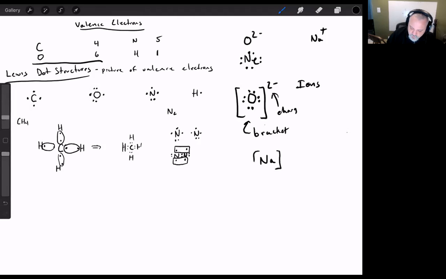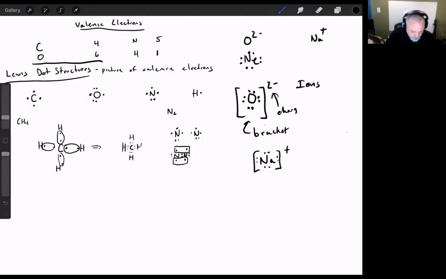So we can represent it like this. Now, what happens to it? When it becomes charged, it loses 1 electron. So sodium is isoelectronic with neon. So it now has 8 electrons in its valence shell.